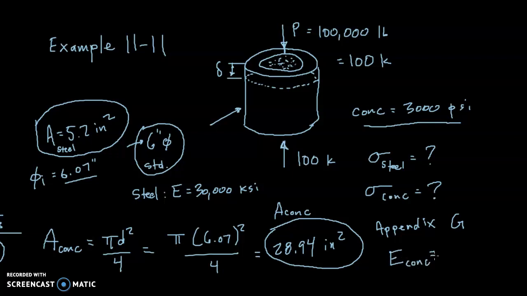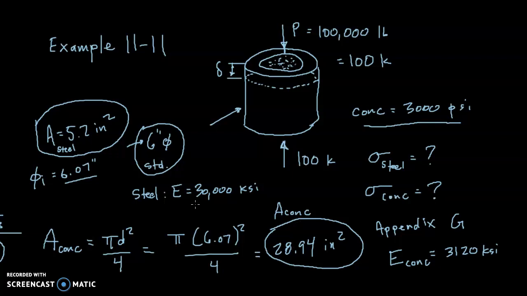With concrete, the modulus of elasticity is a function of its compressive strength. And 3,000 psi concrete has a modulus of elasticity of 3,120 ksi. Looks like, let's see, yes, modulus of elasticity in ksi, 3,120.